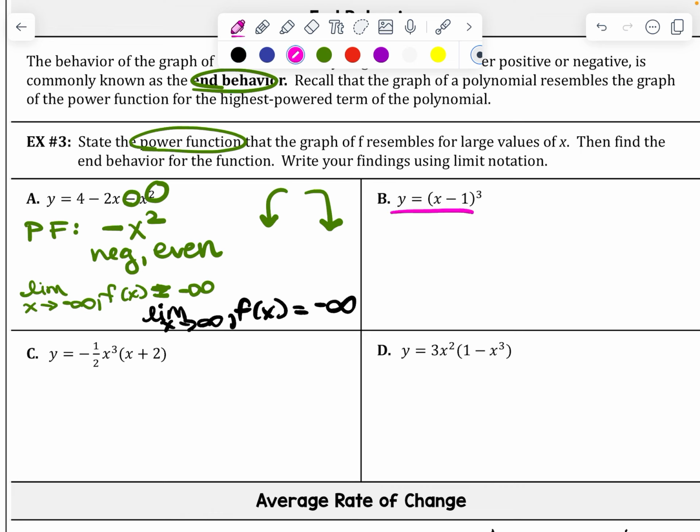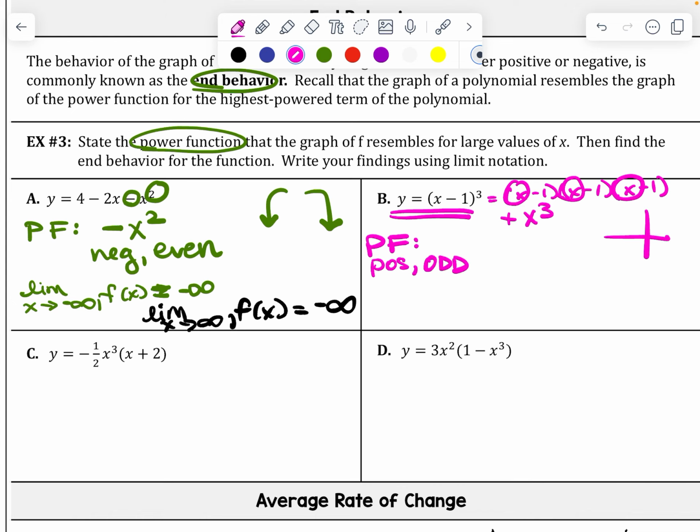Let's talk about what's happening here, okay? Our power function, if I expand this out, this will be x minus 1 times x minus 1 times x minus 1. We're only really interested in what the first term is going to multiply to. x times x times x is going to give me a positive x to the third. So we know that we're positive odd. Remember that positive odd means that we're going up and to the right and then mismatched down and to the left.